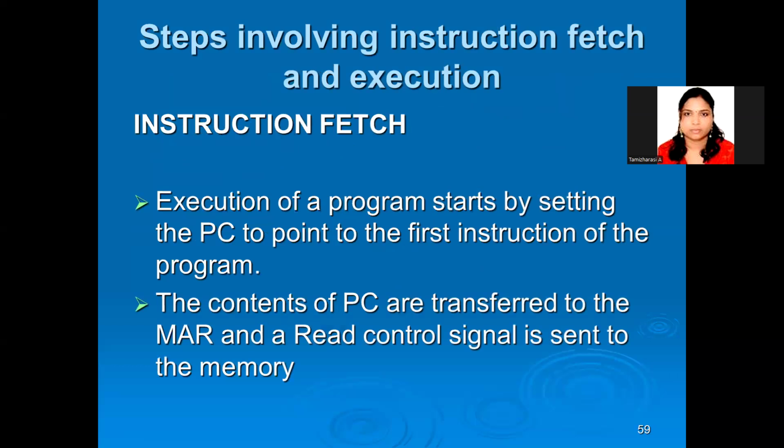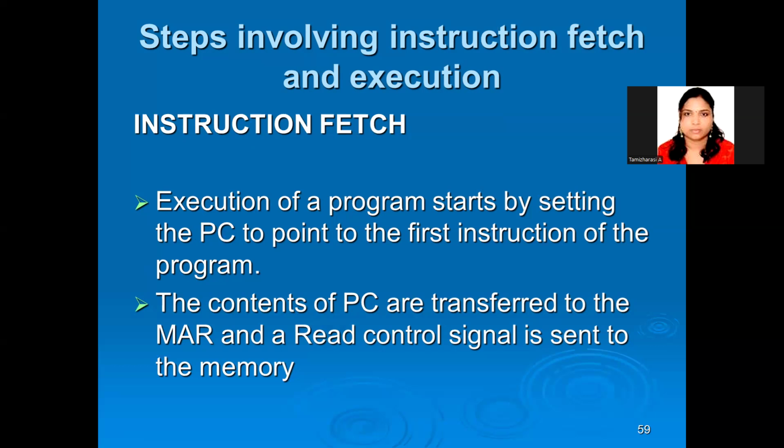When it comes to instruction execution, there are two phases: one is fetch and the other is execution. In the instruction fetch, the execution starts by setting the PC to point to the first instruction. The contents of the PC are transferred to MAR, followed by a read signal.